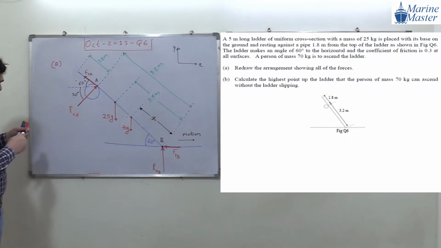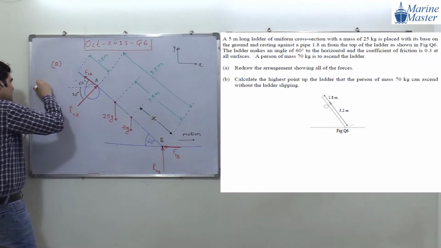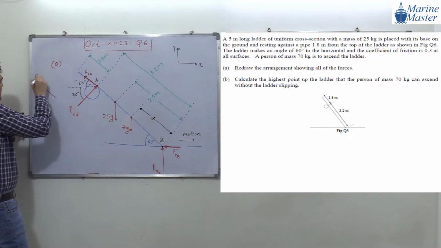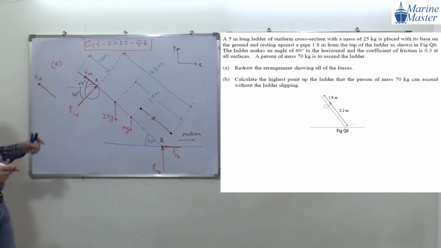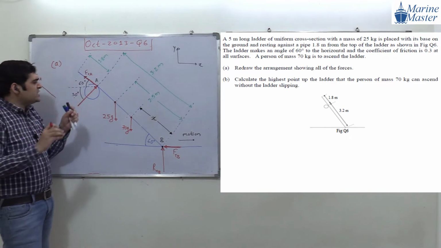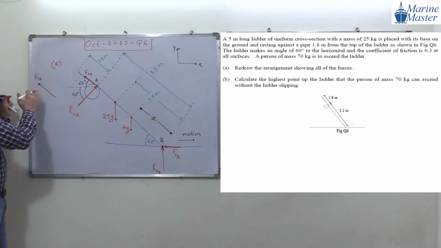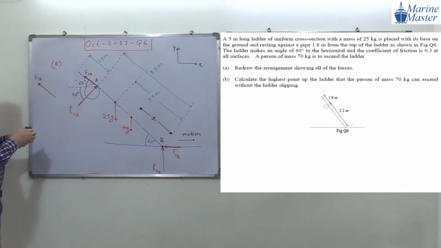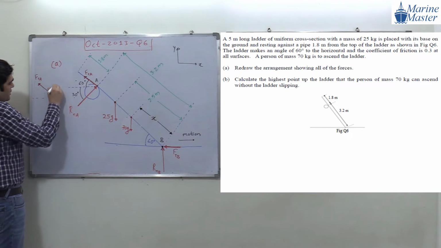So how to show the components? First of all, we are going to show components for FRA. So I am going to draw FRA separately. On this drawing, we are not showing components because it leads to a lot of complications, and we don't like complication. We want simple things. See the point here.